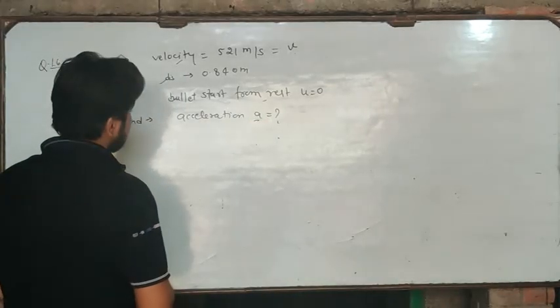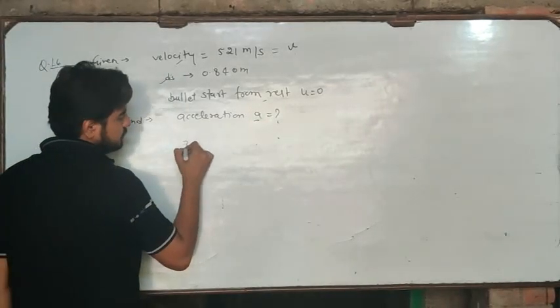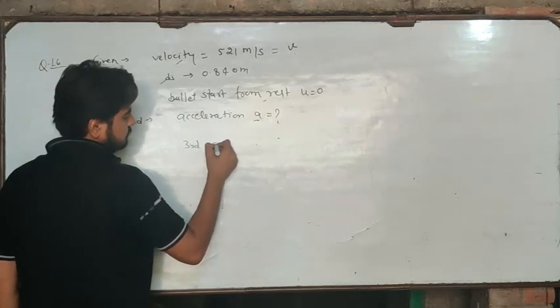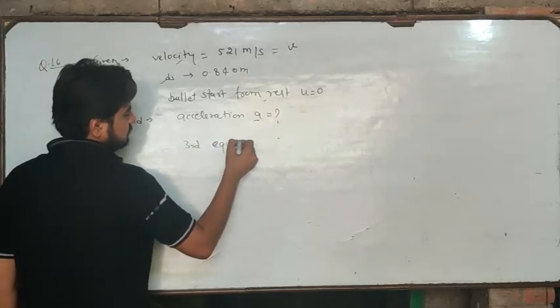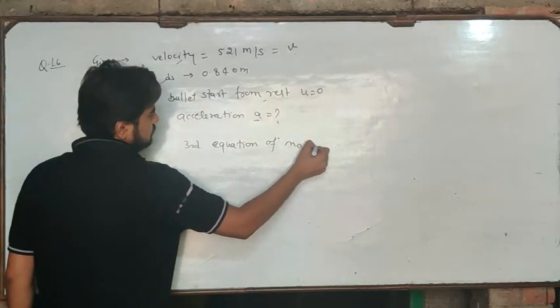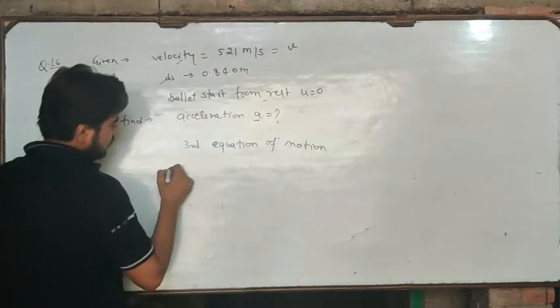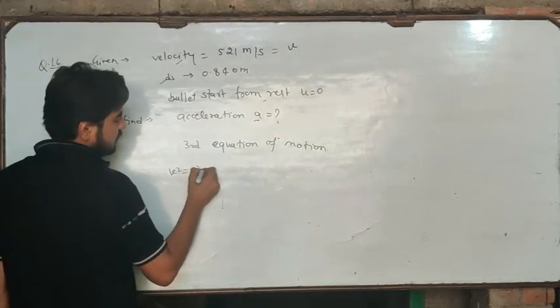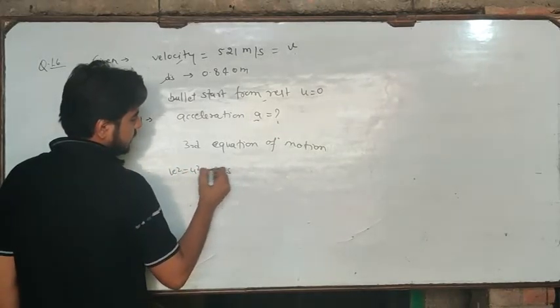We will use the third equation of motion. V square is equal to U square plus 2AS.